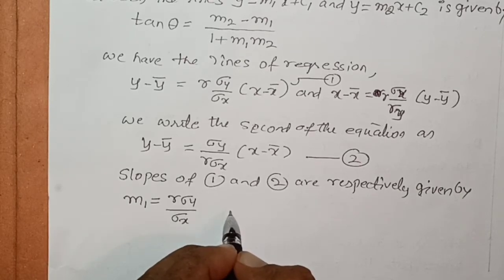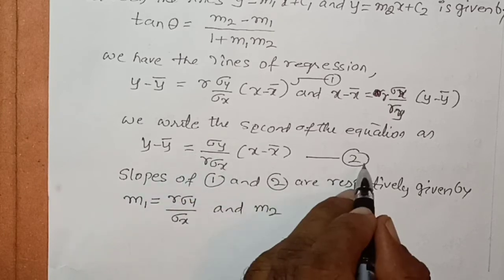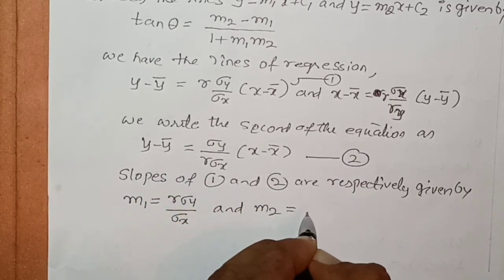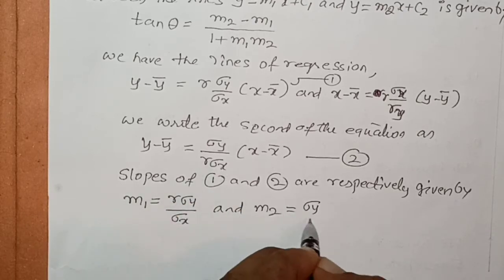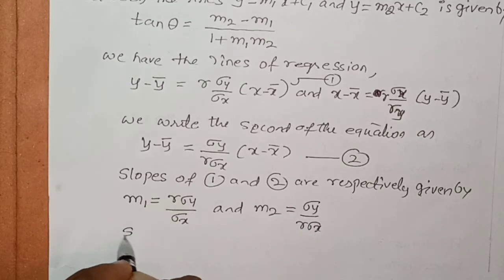From the second equation, m2 is equal to standard deviation of y divided by r into standard deviation of x.